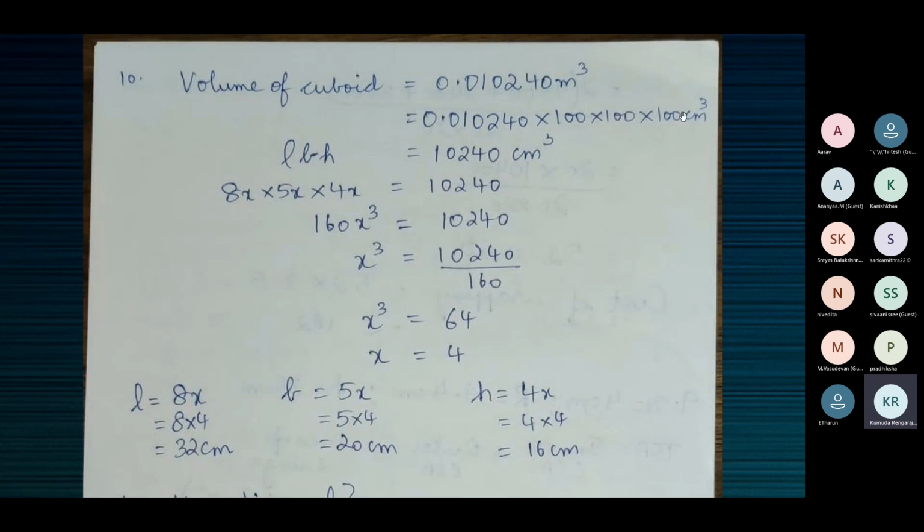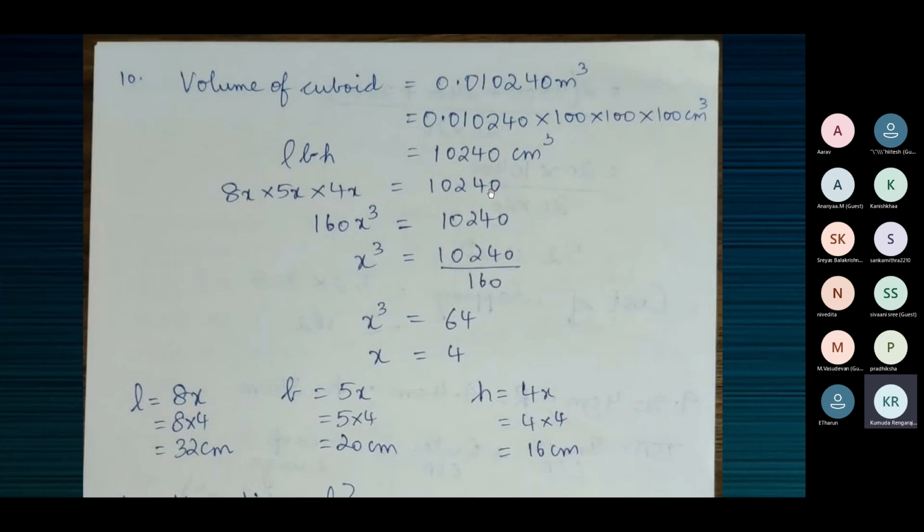To convert meter to centimeter, you multiply by 100. So meter cubed to centimeter cubed, multiply by 100 three times. And this is the volume in centimeter cube.